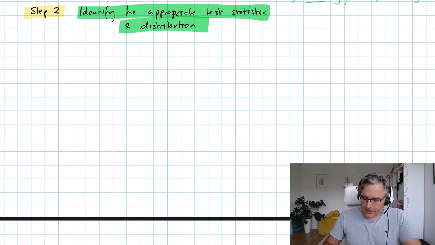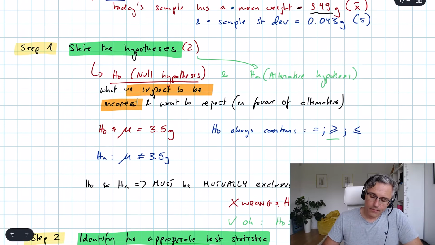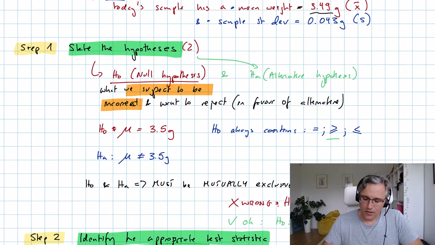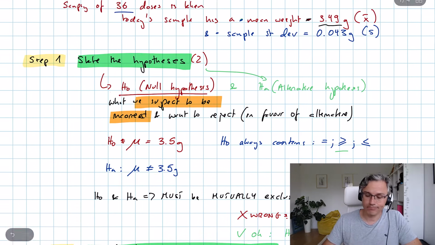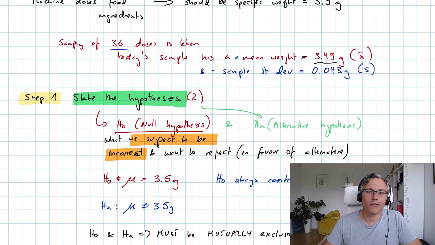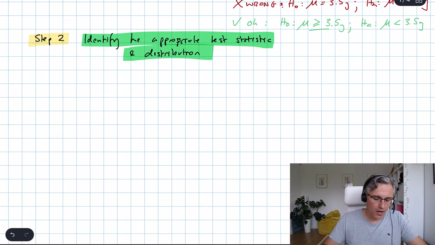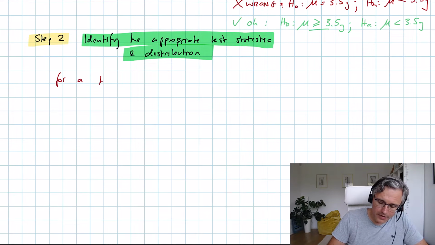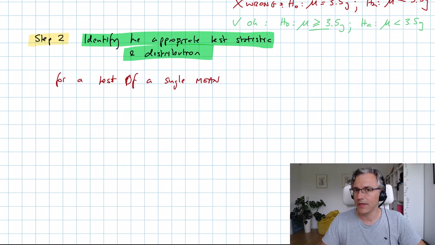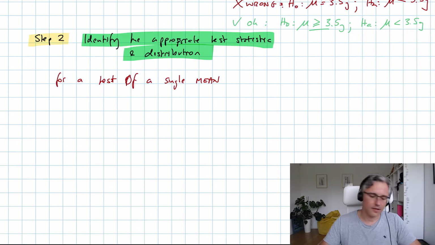You will see, for example, that when testing a hypothesis concerning a mean, a single mean, like the mean weight of doses applied by a food processing machine, something like this, right? For a test of what is effectively a single mean, there'll be tests where the object of the test is more than one mean. We'll also be testing things like standard deviations, etc., etc.